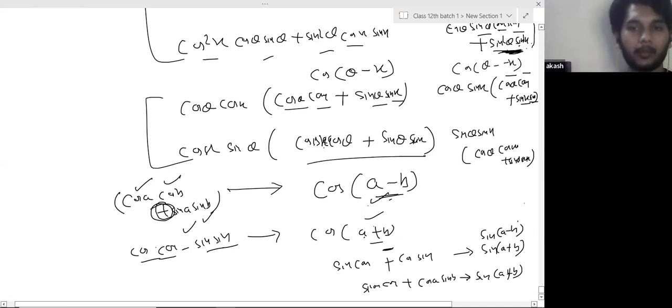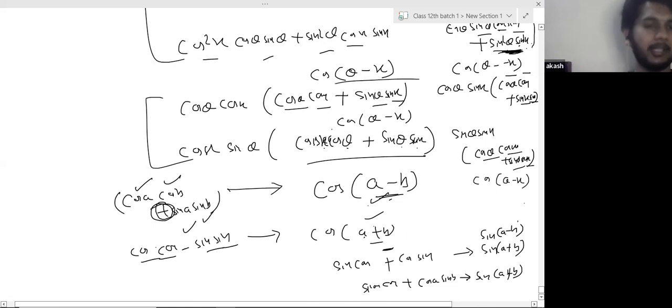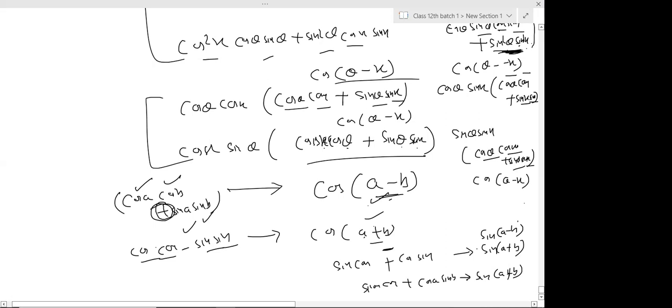Same here, cos x, cos theta, sin x, so cos theta minus x. And this is also cos theta cos x, sin x. So this is cos of theta minus x. So now we can see this cos of theta minus x is common in all the elements. This is clear? Yes, sir.